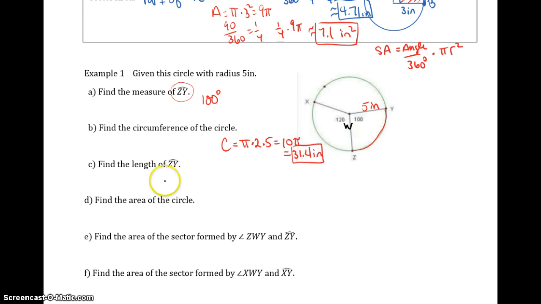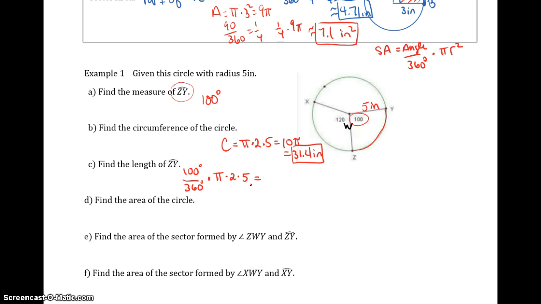Now it says to find the length of arc ZY. So in order to do that, we need to figure out what fraction of the circumference that's going to be. Remember, the measure was 100, just like the central angle says. So we would do 100 out of 360 degrees times pi times 2r.